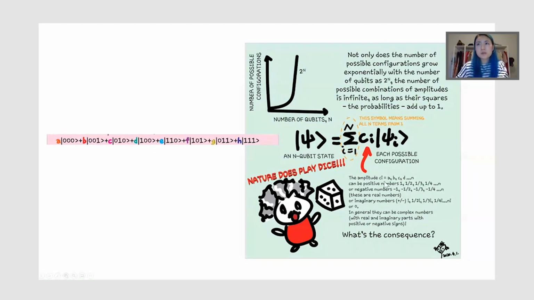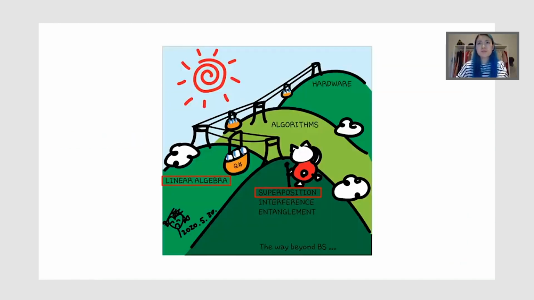And these amplitudes can be positive numbers: 1, 1 over 2, 1 over 3. They could be negative, just put a negative on them, because it doesn't matter when it's squared, it's positive, and probability is positive. They can be imaginary, so you can put an i in them. So in general, they can be complex. We'll talk about the consequence next time.